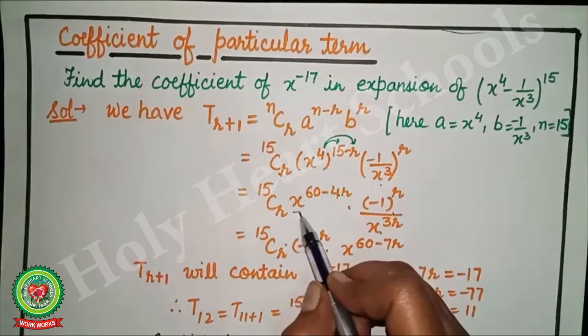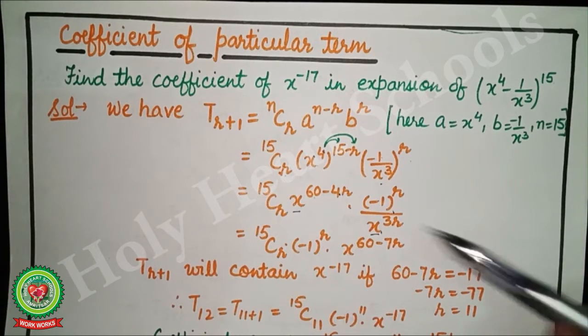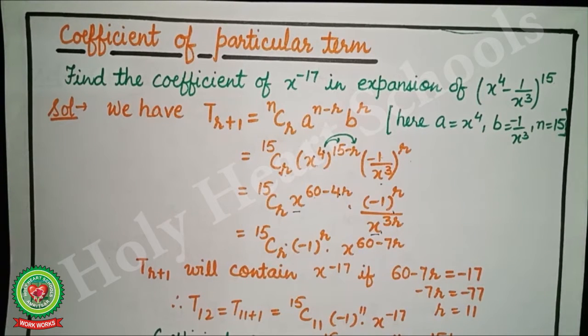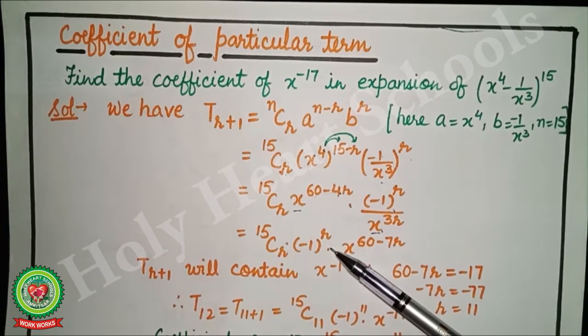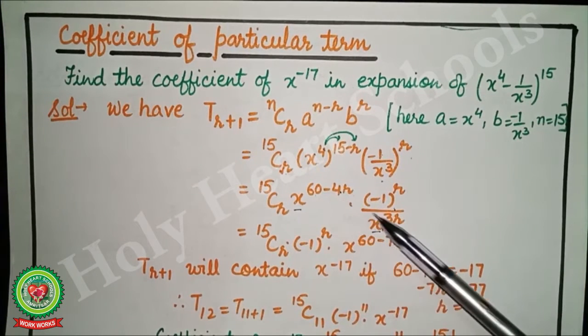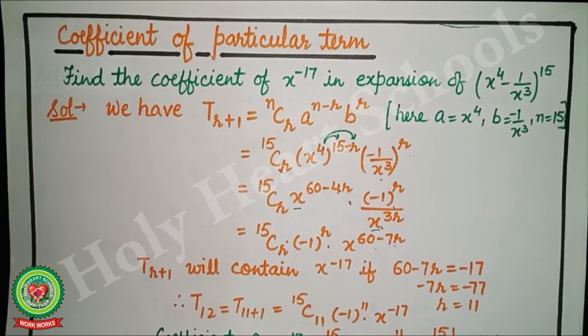Now we are having two terms containing x. So when you combine these two terms, their powers will be subtracted because they have the same base but the terms are in division. So we get 15Cr (-1)^r x^(60-7r). Now T(r+1) will contain x^(-17).